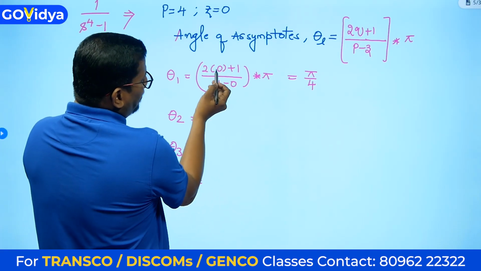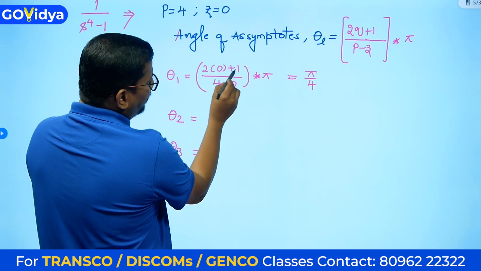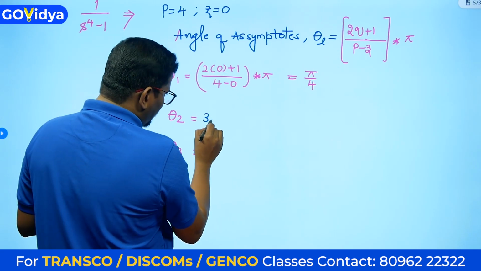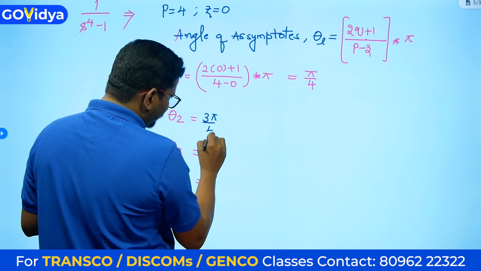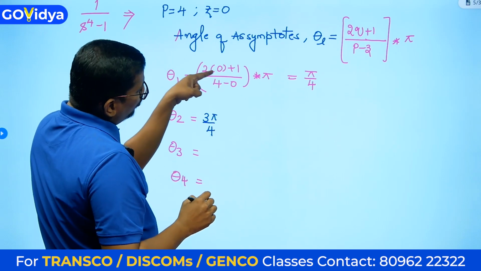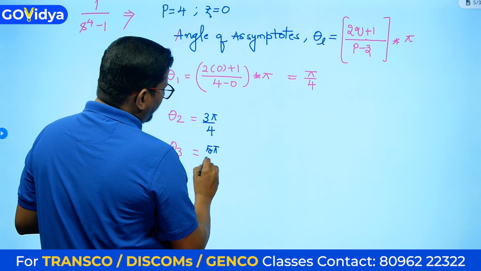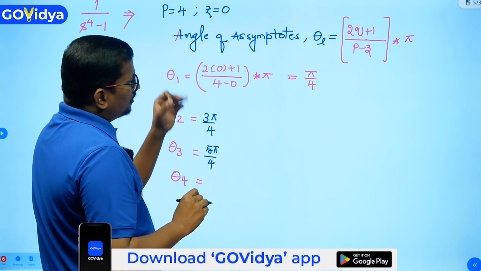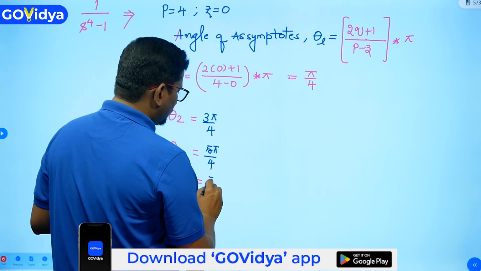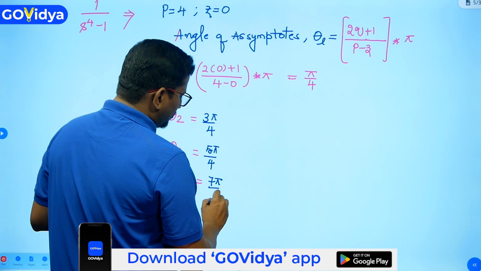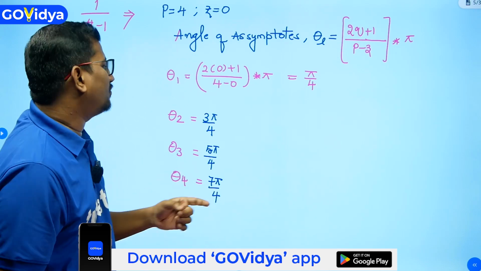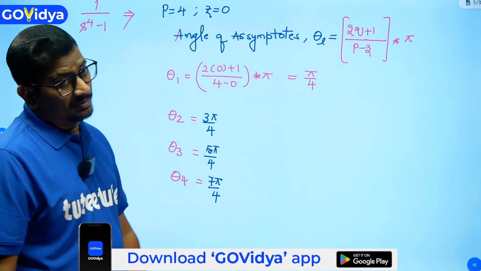Put 1 here. If I put 1 here, 2 plus 1, 3 by 4. So it is nothing but 3 pi by 4. Another one, put 2: 5 pi by 4. Put 3. So these are the values: pi by 4, 3 pi by 4, 5 pi by 4, 7 pi by 4.